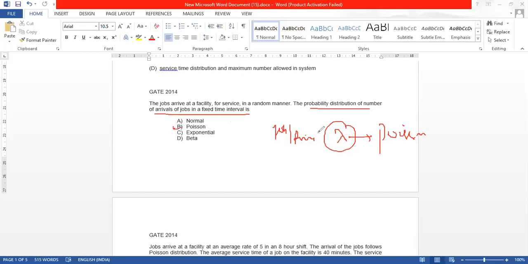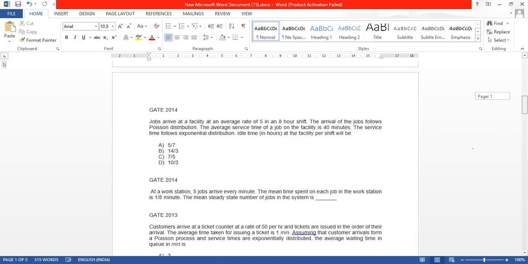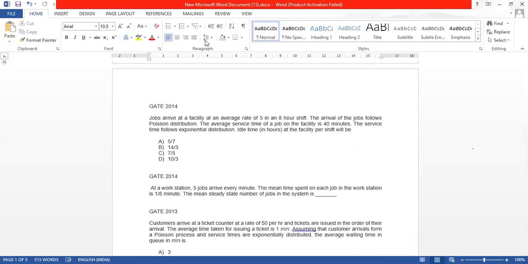But this will be Poisson because he is talking about lambda.